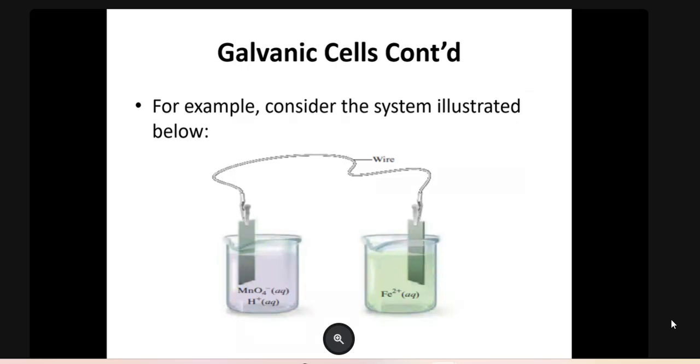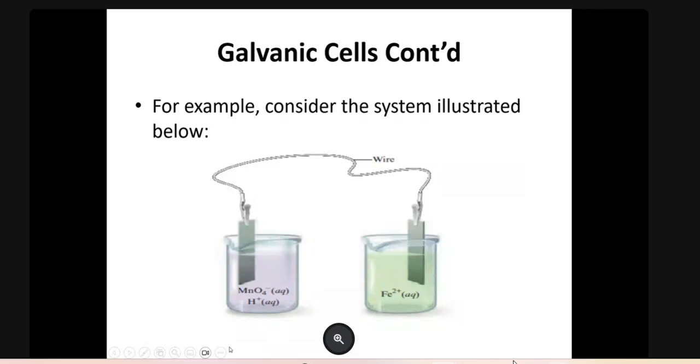Okay, so you have the side where there is manganese oxide, right? The other side there is iron too, right? So manganese will oxidize iron metal, right? So it means electrons will move from iron to manganese.